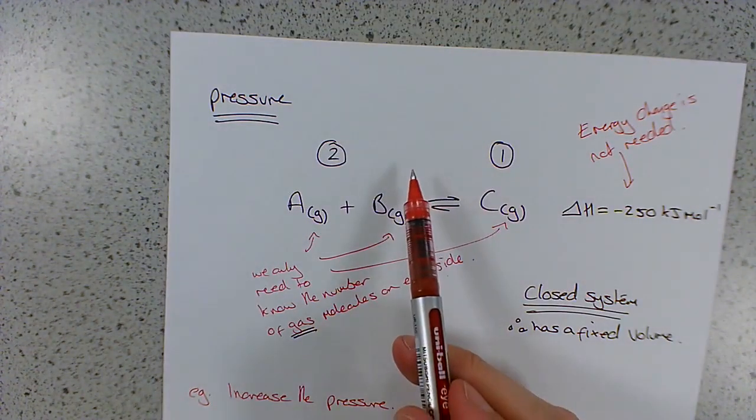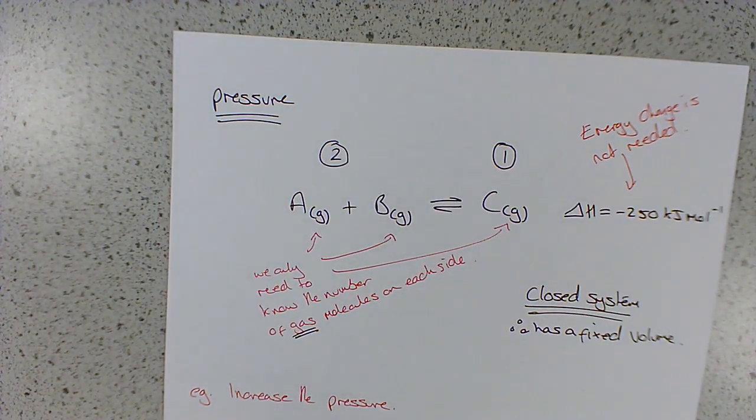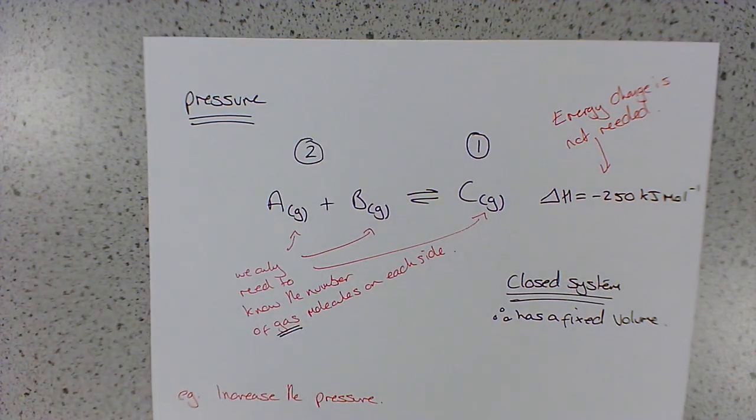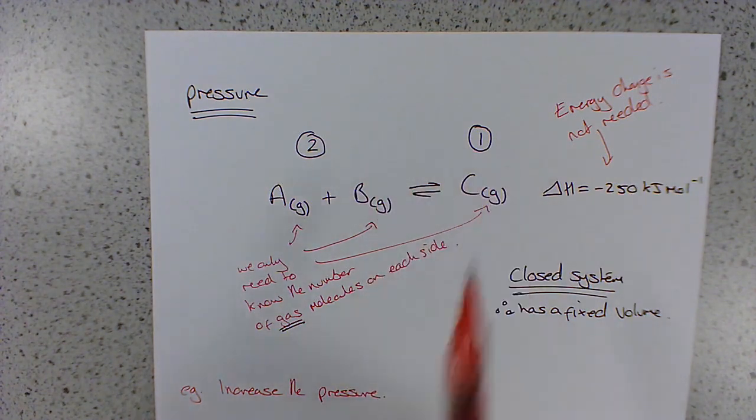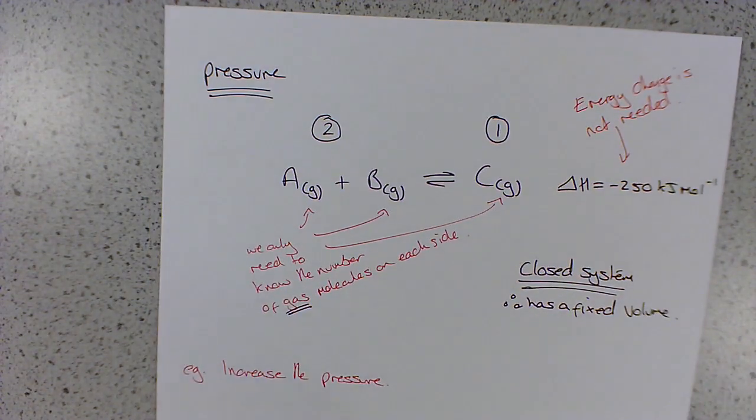It can shift forwards to the right, where it would have 1 molecule of gas, or it can shift backwards to the left, where it would now have 2 molecules of gas. Which one of those would be the opposite? Which one would lower the pressure? Well, if I've increased the pressure, it wants to lower it, so favouring the right-hand side would make sense, because then there would be fewer molecules of gas in a fixed volume, so the pressure would decrease.